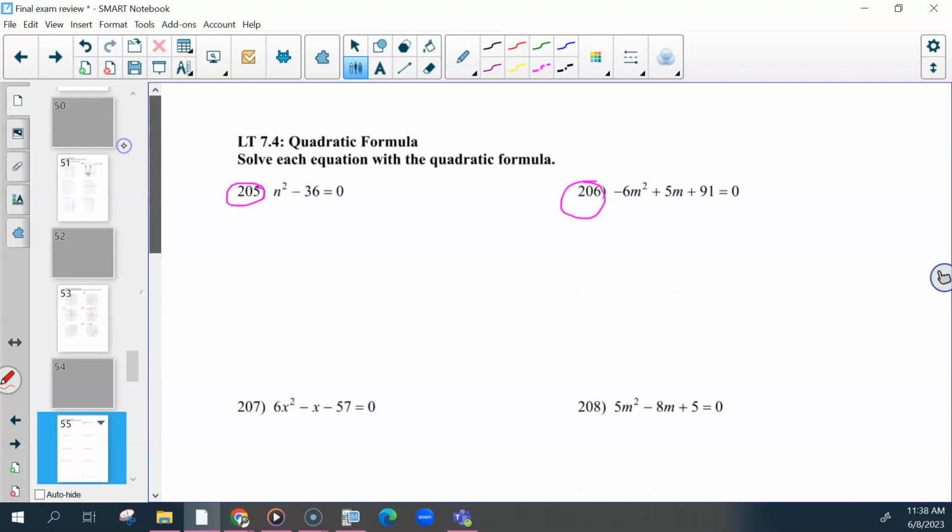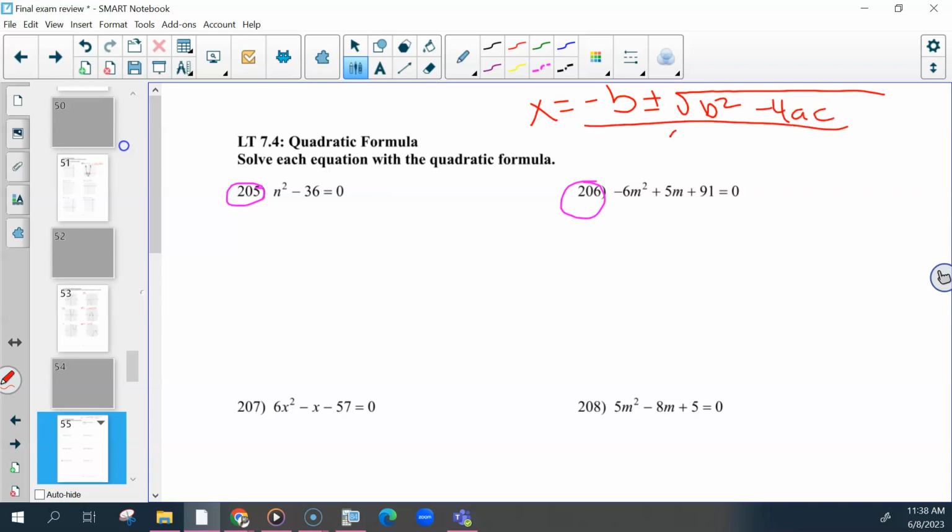This doesn't have it on there, but the final will have this on there. Your quadratic formula: x equals negative b plus or minus the square root of b squared minus 4ac, all over 2a. Write that somewhere on your paper.